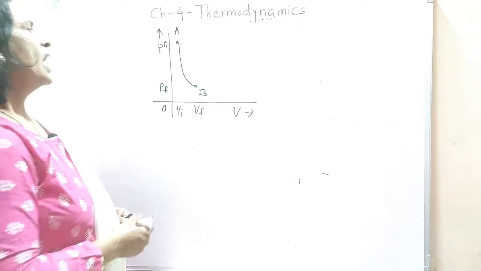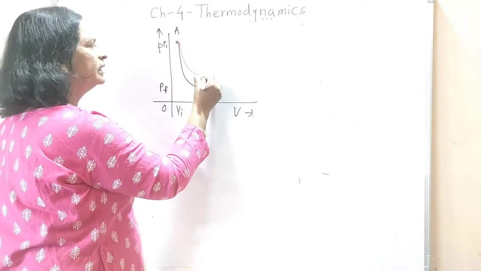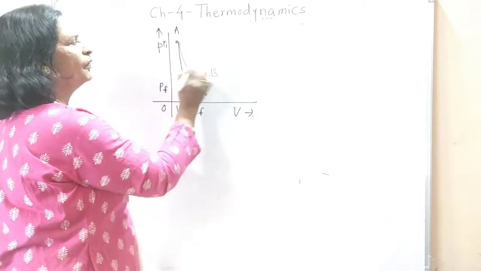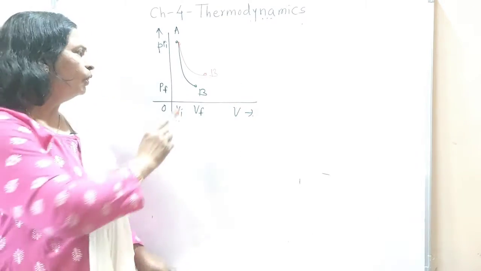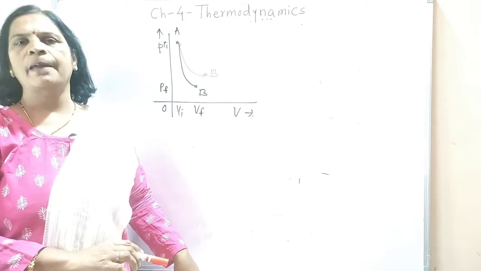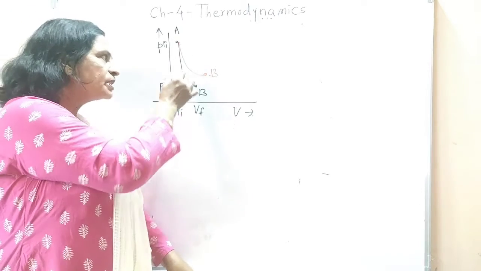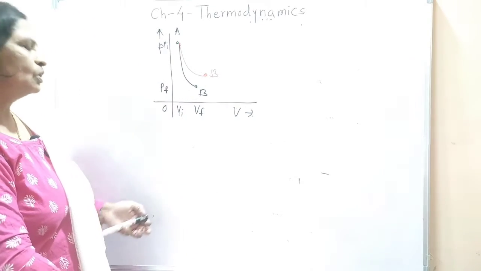Then this red curve is the PV curve for isothermal change or isothermal process. Though the nature of both curves is a rectangular hyperbola, this one is steeper. What is the meaning of steeper? It means slope.